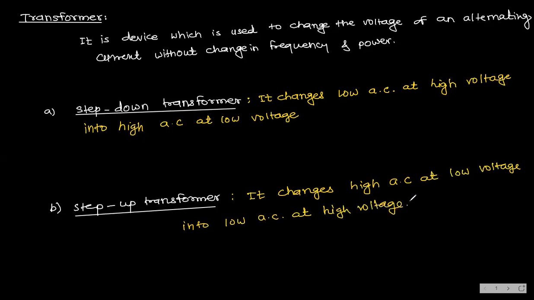Understand the basic difference between step up and step down transformer. Is that clear? Whereas in the step down case, low alternating current at high voltage is changed into high alternating current at low voltage. Okay, note down this fast.